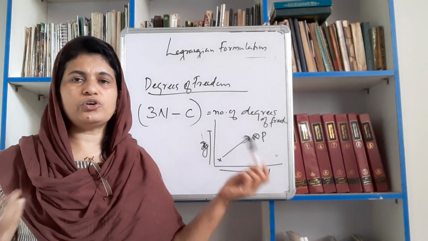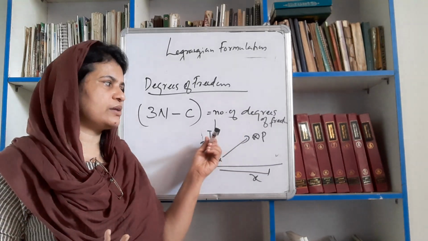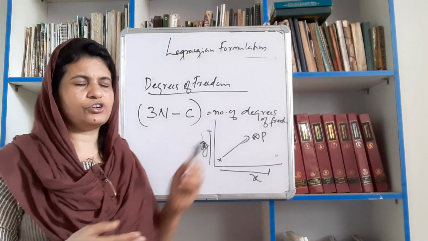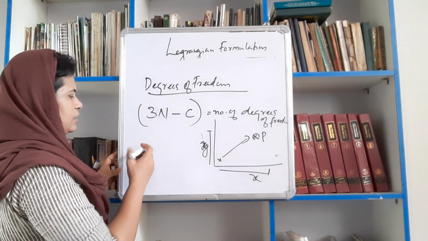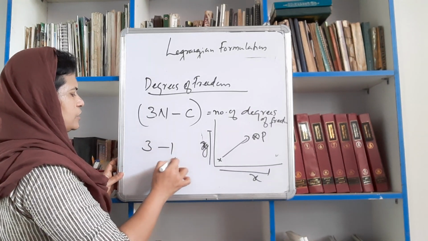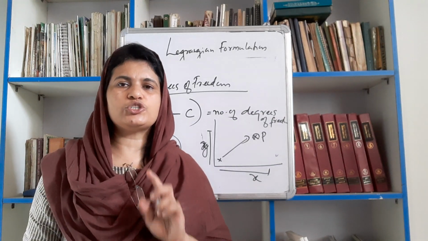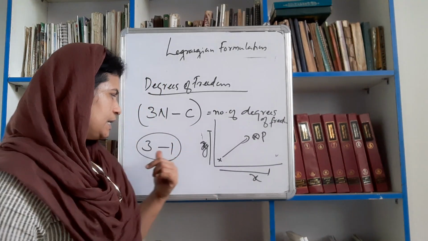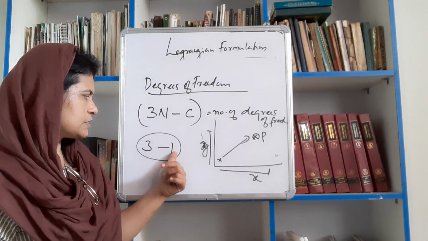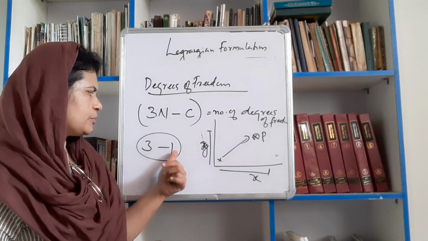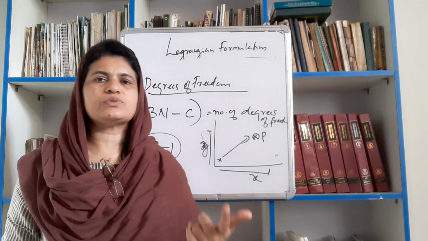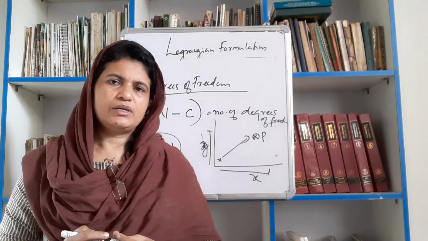Therefore, though there are 3 degrees of freedom, there is one constraint. Therefore, there is only 3 minus 1, total 2 degrees of freedom. There are 3 generalized coordinates, 1 constraint. Therefore, the number of generalized coordinates minus the number of constraints gives the degrees of freedom.